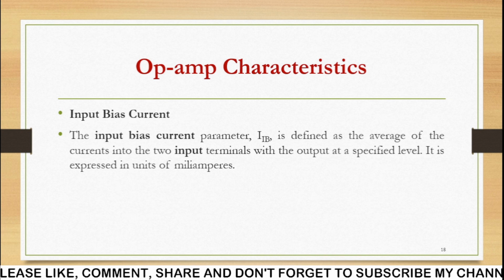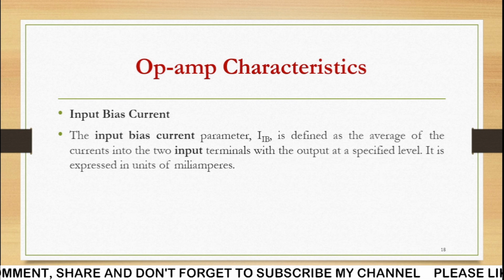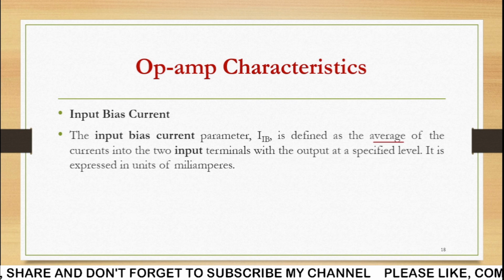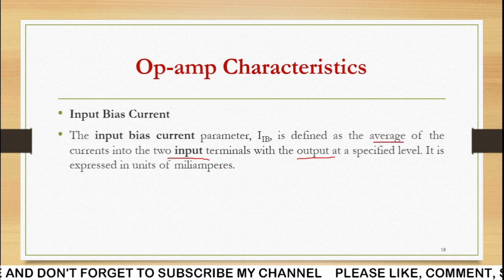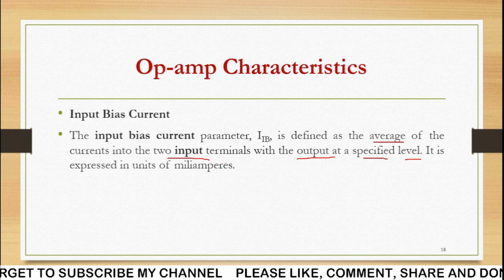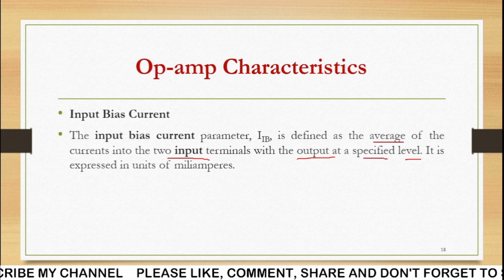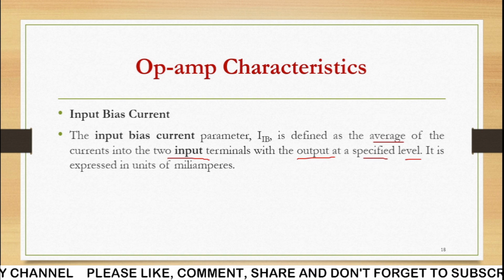Input bias current. Now we have IB1 and IB2, both currents flowing through the op amp. If we take the average of these two currents with the output at a specified level, that is the input bias current, and it is expressed in units of milliamperes.